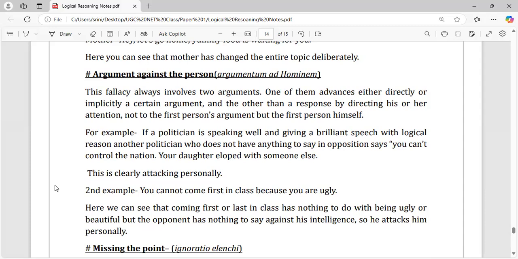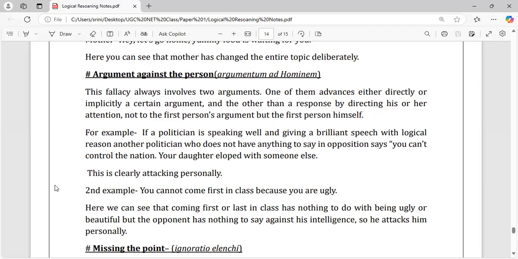For example, if a politician is speaking well and giving a brilliant speech with logical reasoning, another politician who does not have anything to say in opposition says, "You can't control the nation. Your daughter eloped with someone else." So there are two politicians.